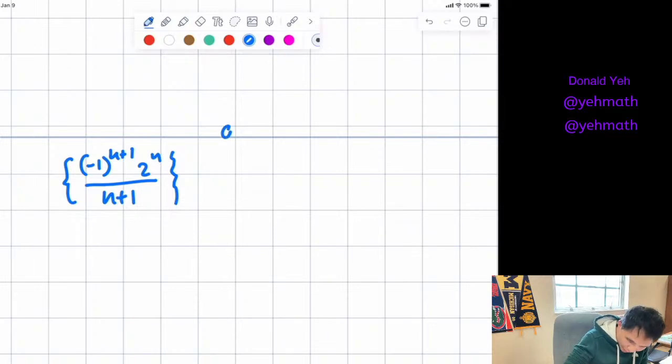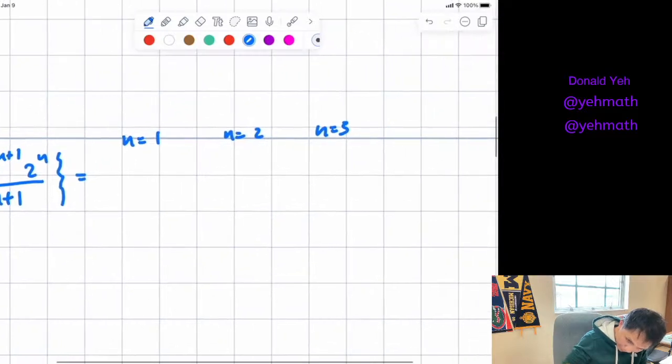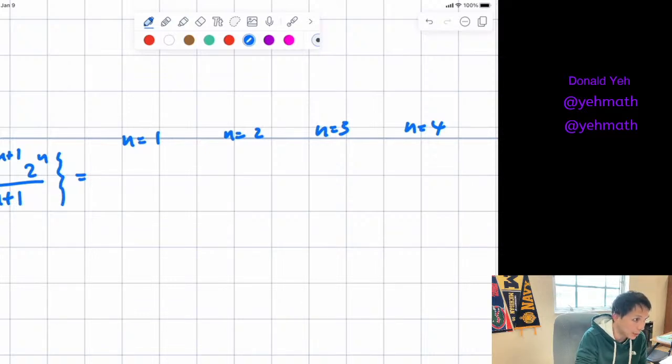So I want you to learn to write down what is the A1 term, the A2 term. Actually, sorry. When n equal to 1, n equal to 2, n equal to 3, and n equal to 4. Okay, what would it be? You should be able to evaluate this really quickly. Just plug in.